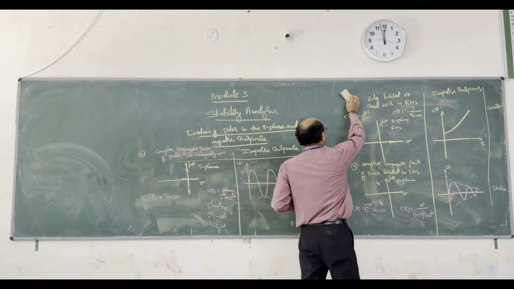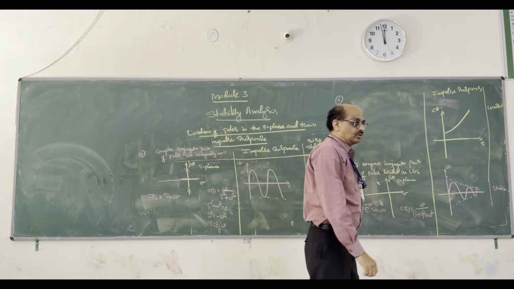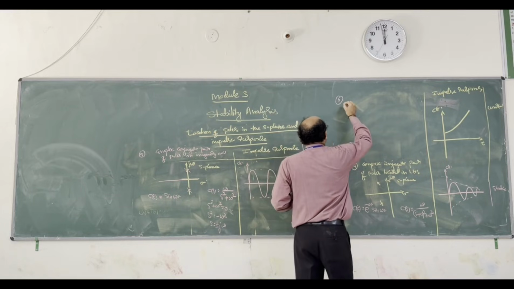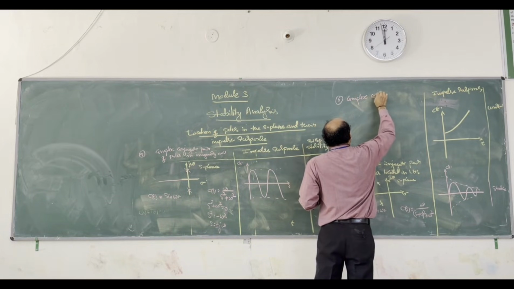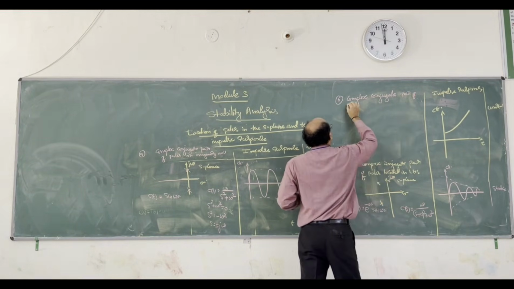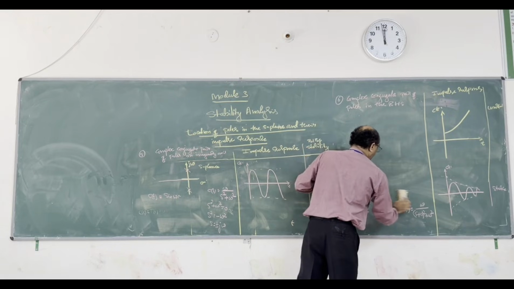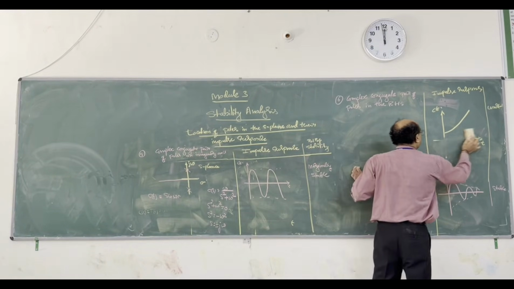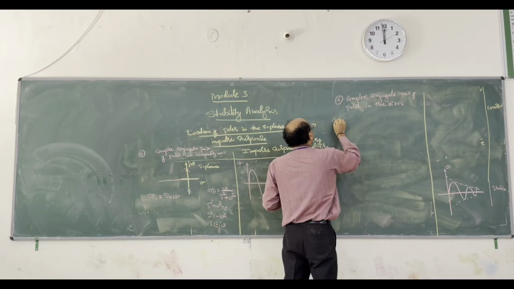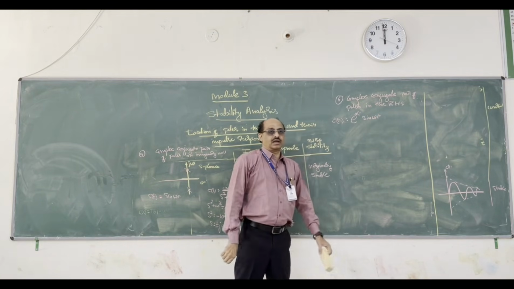Then, sixth. If the complex conjugate pair of poles is in the right half of s plane, what is c(t)? It is e power at sin omega t.